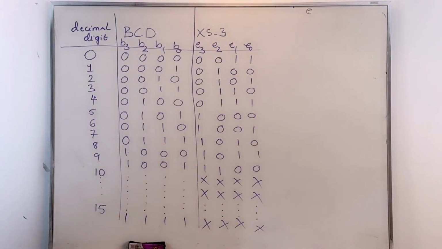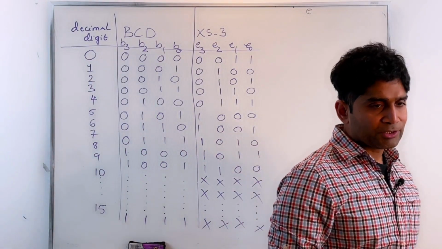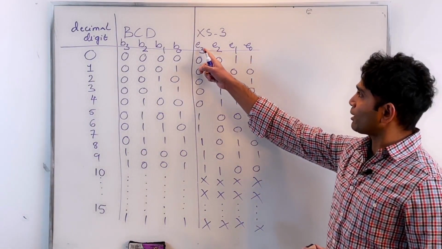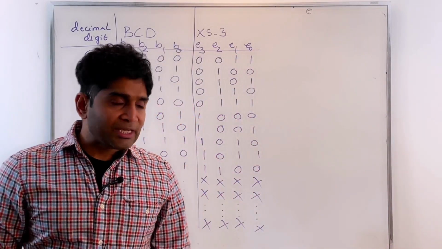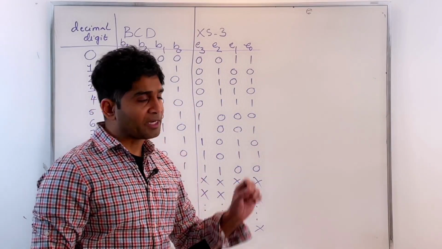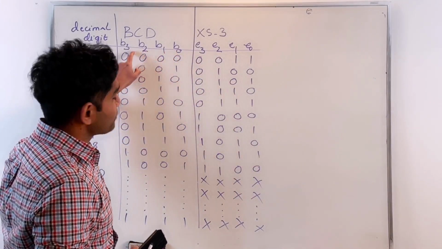Now it's time to get to my function. These are my outputs. I would like to view each of these outputs as independent outputs that are independently dependent on these input combinations.